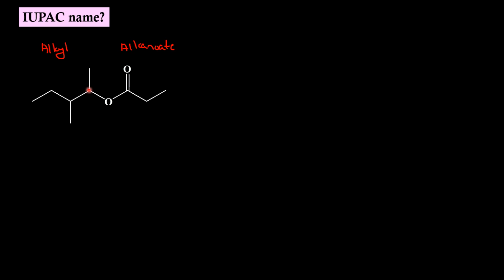Lowest possible number should be given to the carbon which is attached to oxygen. In this case it is 2. Here we have a substituent at position 3, that is methyl. So the name of this portion in alkyl format will be 3-methyl.